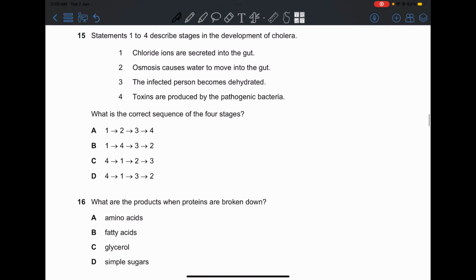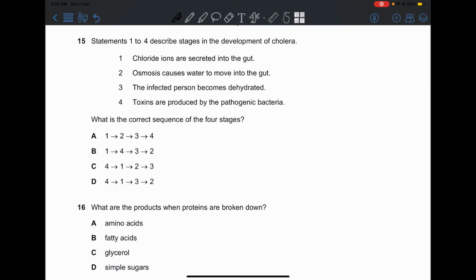Now 15, statements 1 to 4 describe stages in the development of cholera. What is the correct sequence of the 4 stages? Now for this question, first we are going to see which is going to be the correct beginning in these options. Is it 1 or 4? Now let's check 1. Chloride ions are secreted into the gut.